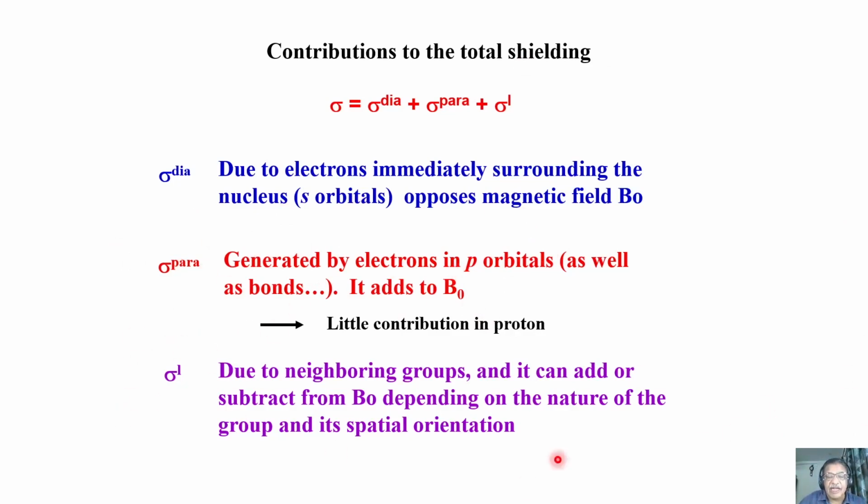It comes because of the neighboring group. This can add or subtract depending upon the nature of the substituent. If I have an electron withdrawing group, it can withdraw electrons. If I add an electron donating group, it can give electrons. As a consequence, the peak can move anywhere in the spectrum. It can move to high field or it can move to low field. Remember, all these contributions make up the total contribution to the chemical shift.